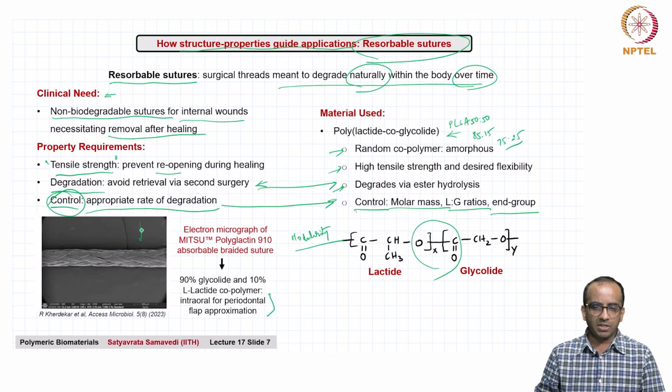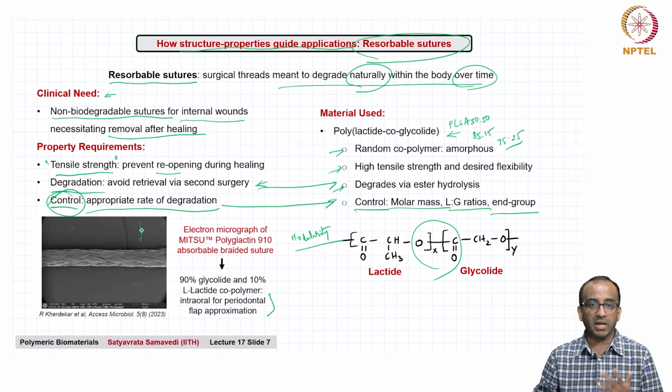These braided sutures are also interesting because they are typically very good mechanically for the application and retain the knot strength once the knot is made, but they also give enough flexibility to the surgeon or the dentist to work quite easily. And from a tissue or a blood flow compliance perspective also, braided sutures do far better.